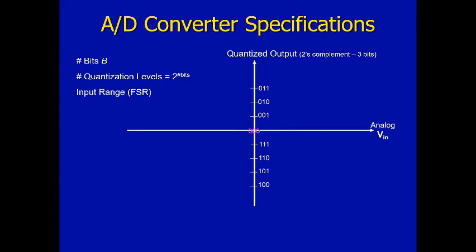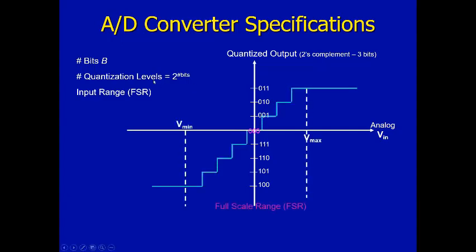The other thing that we keep track of is the input range, sometimes called the full scale range. That's the range of analog inputs that my A to D converter converts into a varying output signal. There's some maximum voltage and some minimum voltage between which the A to D converter will give you a digital number proportional to the voltage.